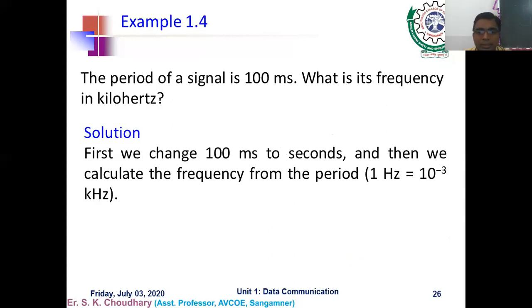Half of the solution is displayed on the screen. Very simple mathematics. You have to convert into hertz, kilohertz. Since the time period is given, f is equal to 1 upon T, so it is 1 upon 100 millisecond. Now you have to convert into kilohertz. Millisecond means 10 to the power minus 3 second.